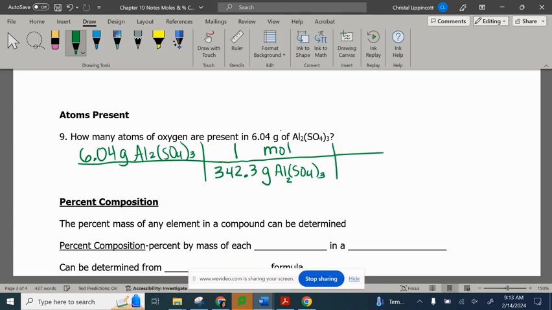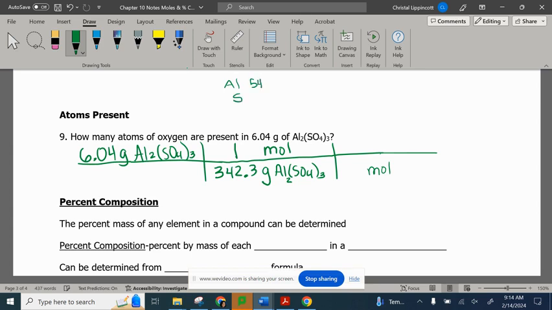All right. Then I need to get rid of what? Moles. So I'm going to put moles on the bottom. And I'm going to go into what? Wait, what? 342.3? Yep. I had 54 from the sulfur, or the aluminum, my bad. 27 for aluminum times 2. 27 times 2 is 54.